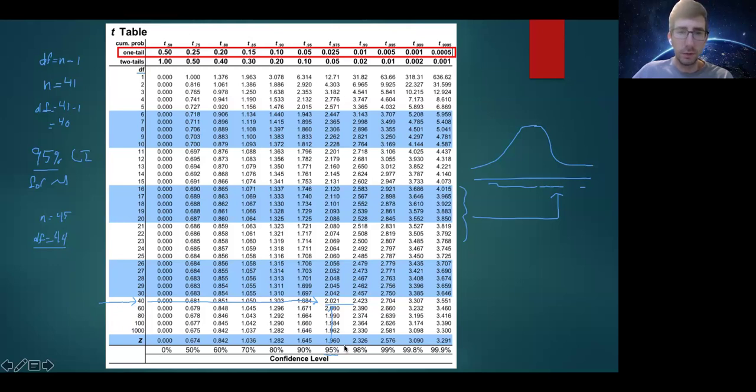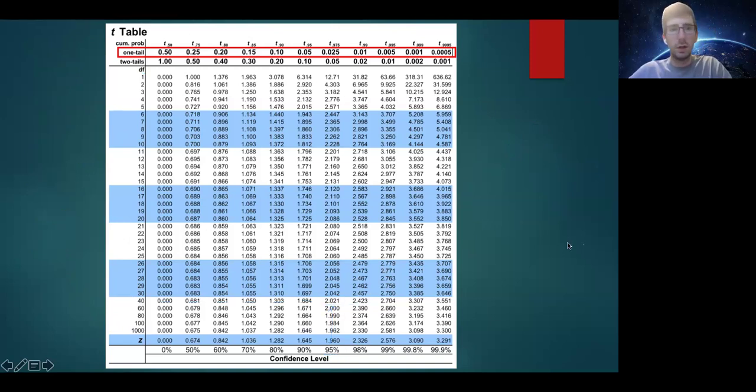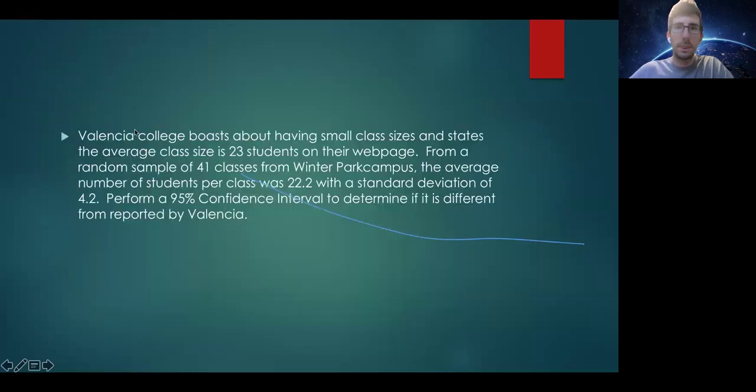It's not going to be perfect, but it should be close enough. We'll also learn how to do this on the calculator as well. All right, so in our next video, we'll look at an example of how to do this.